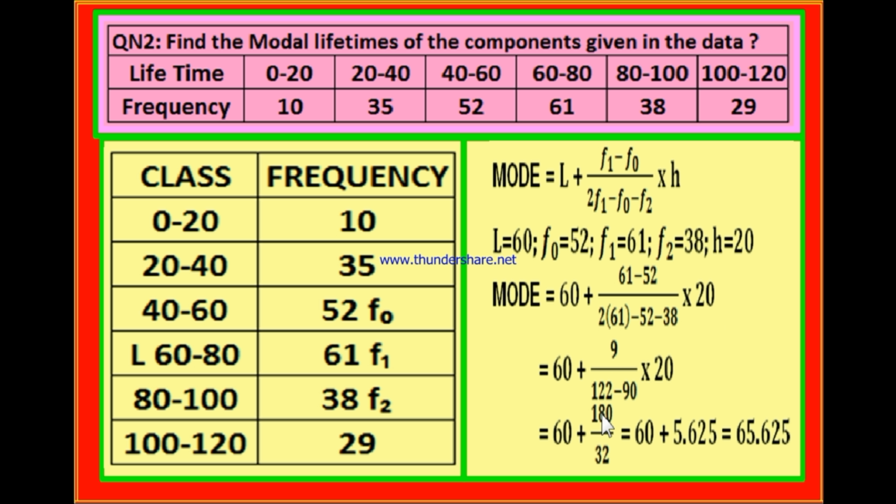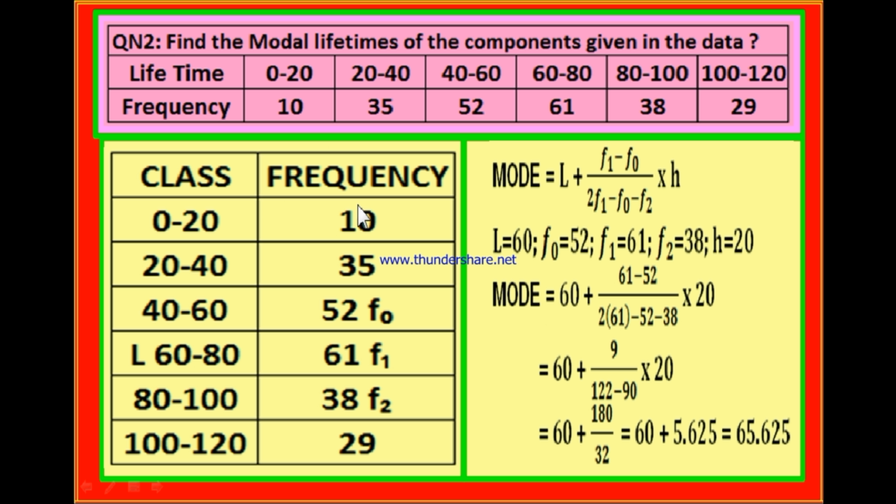If you divide 180 by 32, of course you can cancel 4, isn't it? 4 in 180, 4 times 45 is 180, and 4 in 32, 8 times. Now if you divide 45 by 8, you will get 5.625. Now if we add 5.625 to 60, you will get 65.625. This is the mode of the given data.